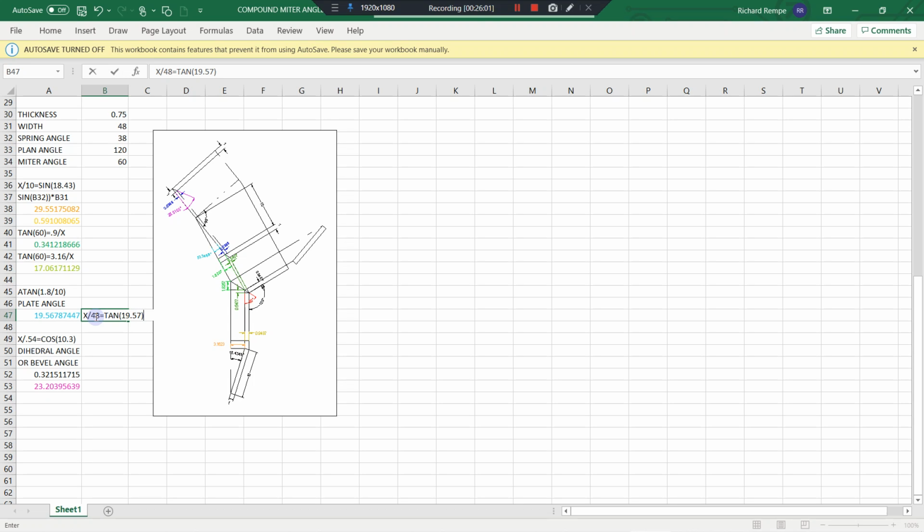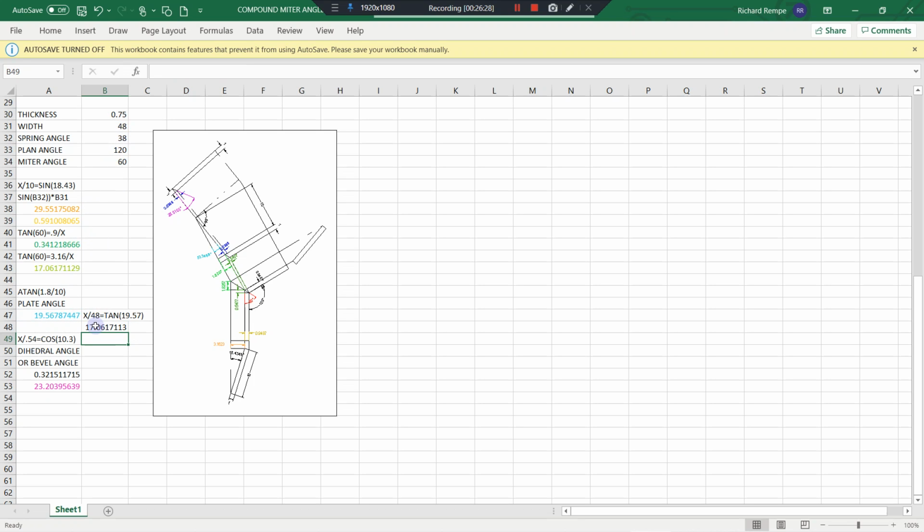So we don't know how much to cut off one side of the 4x8 sheet to get that angle, and using that we would go tangent of this. So equals tangent radians, open parenthesis 19 this close times 48, enter.